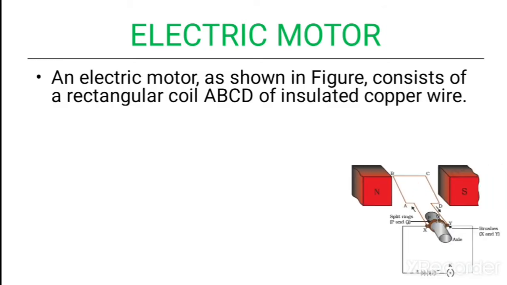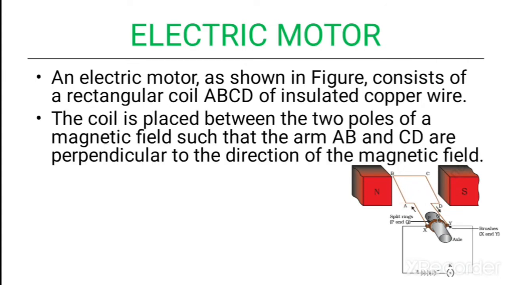An electric motor, as shown in the figure here, consists of a rectangular coil ABCD of insulated copper wire. The coil is placed between two poles, this one north pole and this one south pole, such that the arms AB and CD are perpendicular to the direction of the magnetic field. So the magnetic field is in this direction and the coil is in this direction, so it is perpendicular.